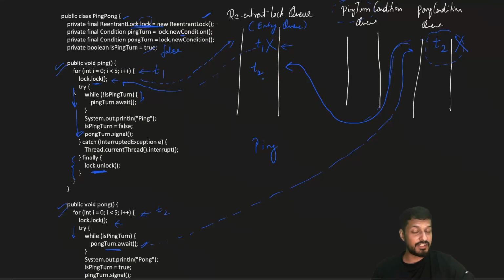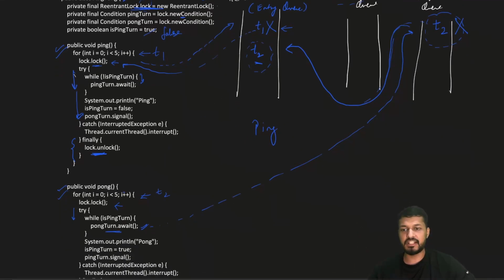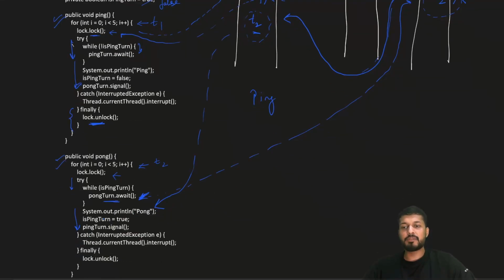At that point of time, again the scheduler will check inside the entry queue which threads are waiting for the lock to be released. That is T2. So now T2 will have a free hand to acquire the lock, right? So T2, which was put in waiting state here, will acquire the lock and start executing the further statements, right? What will it print?